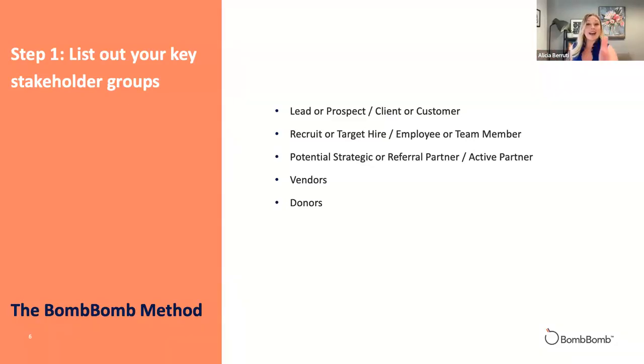If you're in lending, right, you might have one of your stakeholder groups. Obviously, you've got leads and customers, right? You've got that stakeholder group, but you've got your referral partners, your potential strategic partners versus an agent that's actively referring clients to you. If you're in the nonprofit world, right, your key stakeholders are going to be donors, things like that.